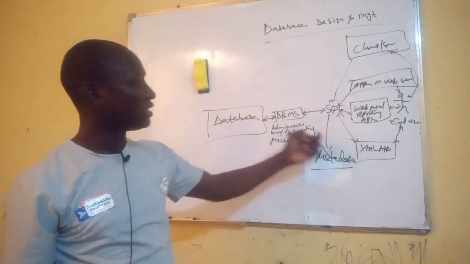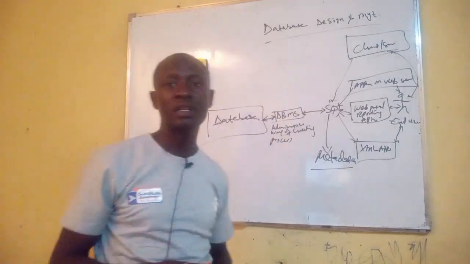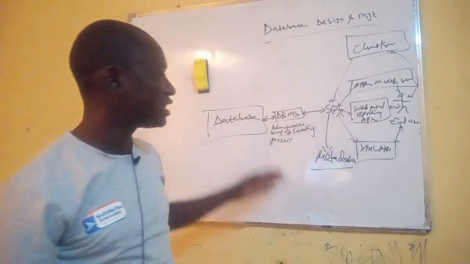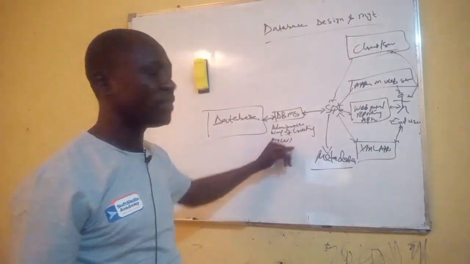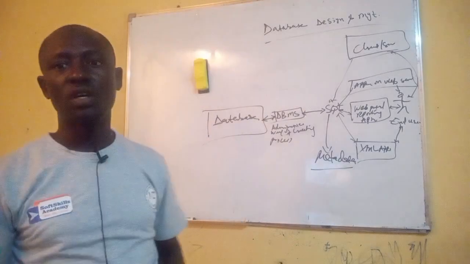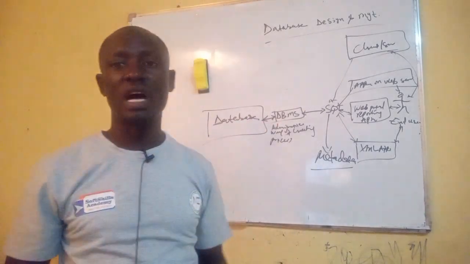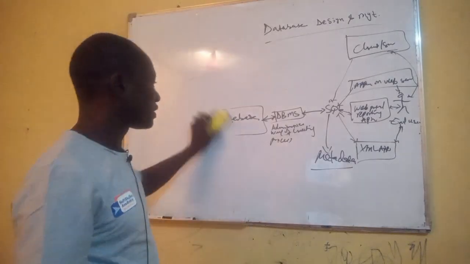So this is the simple explanation of the role of our database management system, which is used administratively for creating databases on a particular system. I hope you are following this explanation, please.